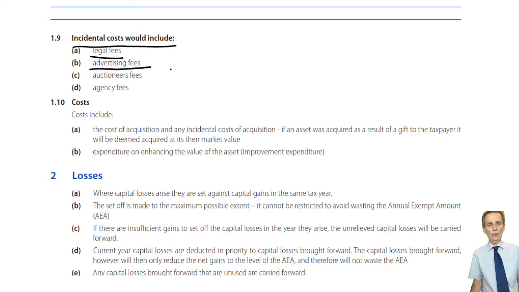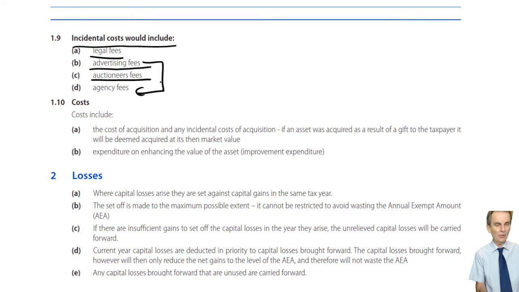If you put it into auction, it might be an antique or something that you have, auctioneer's fees. Or again, with something like a property, rather than just pure advertising fees, the agent may be selling that for you, and therefore the agent's fees are deductible. All of those are perfectly allowable selling expenses to be deducted from the disposal consideration to give you net proceeds.